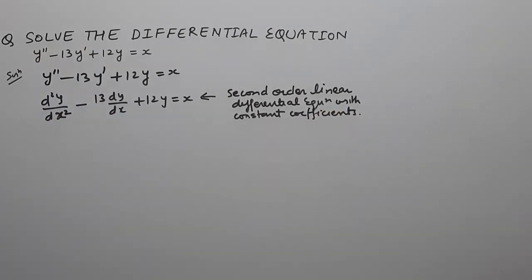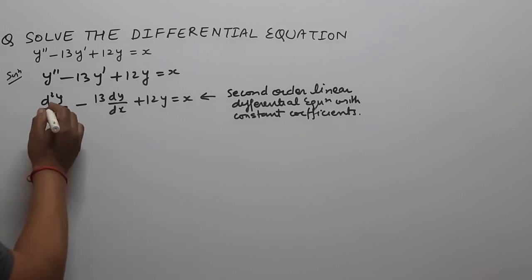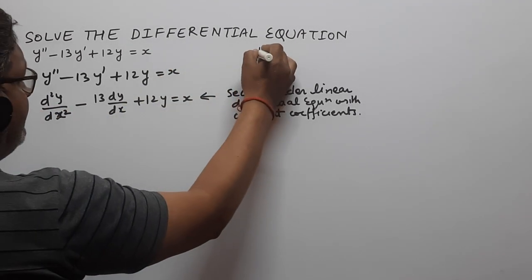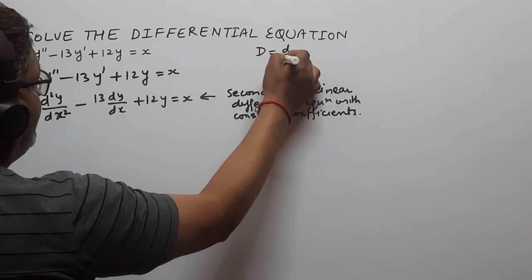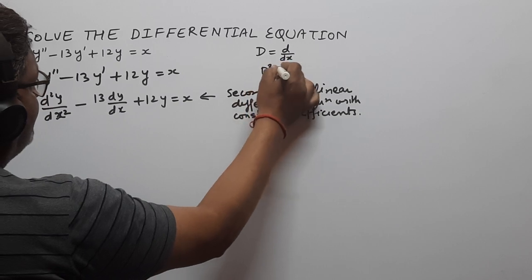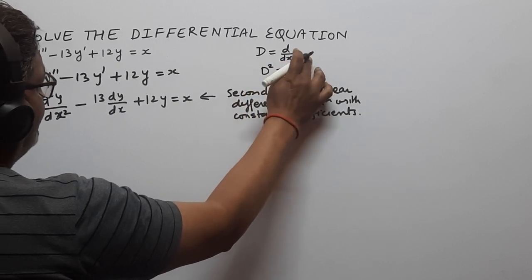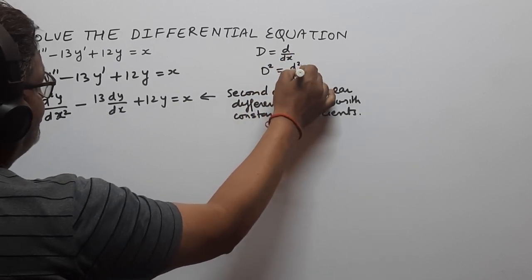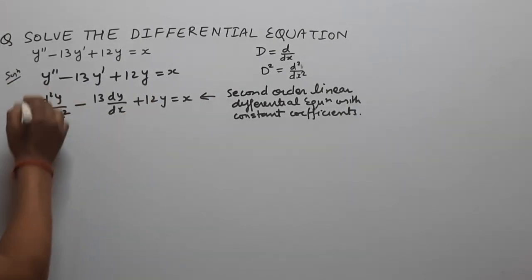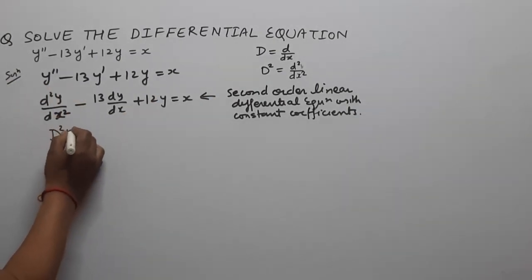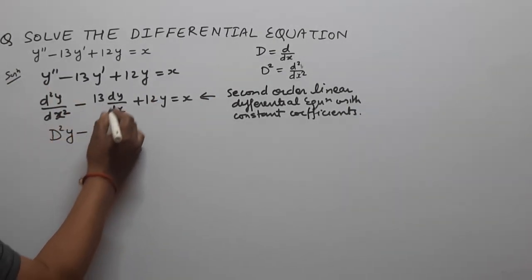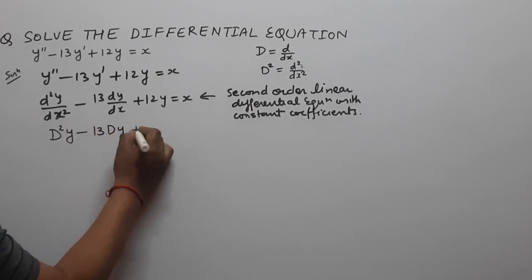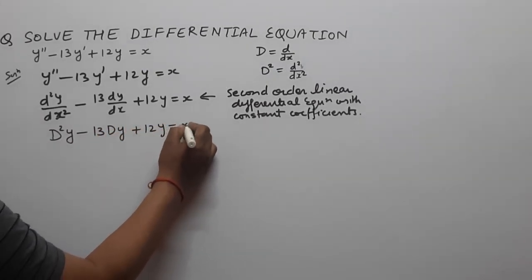For solving this, we know that capital D is equal to d by dx, and capital D square is equal to d2 by dx2. So this can be written as d2y and dy plus 12y is equal to x.